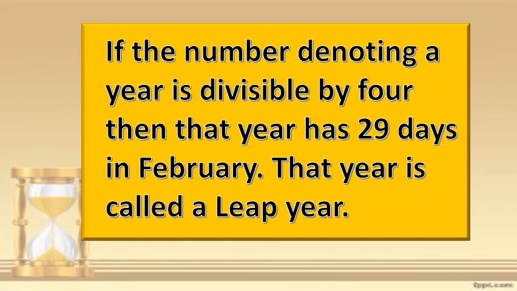Got this, students? If 29 days are there in February, that year is called a leap year. Example 2020, 2016. Just now we went through, isn't it? Now 29 days in February means one more day is added to the total number of days of the year, isn't it?